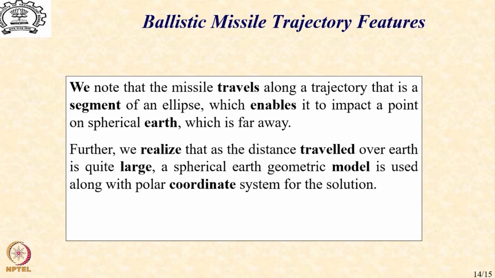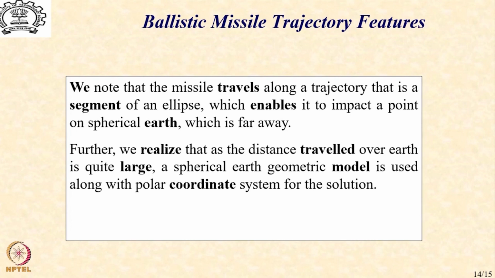Of course, we realize that as the distance traveled over Earth is quite large, the flat Earth model that we commonly employ in the context of launch vehicles or rockets is not really applicable, and we must use a spherical Earth geometric model along with the polar coordinates to achieve the trajectory solution.